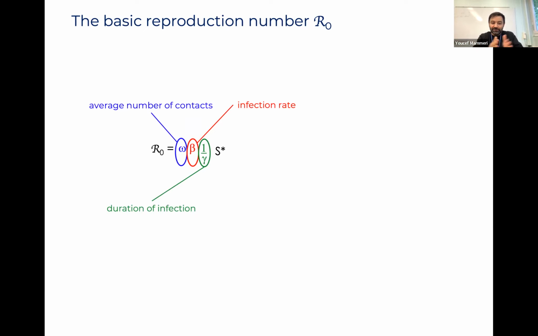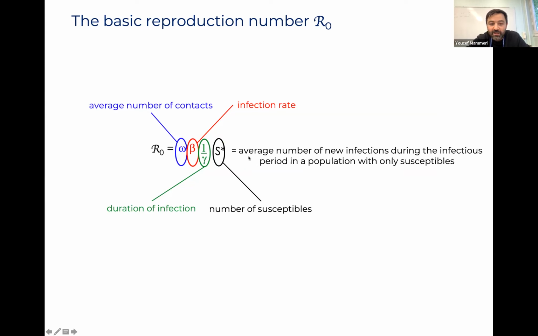The recovery is how many days you need to recover, so this is also how many days the infection takes place. And here you have the number of susceptible. So you have the probability of being infected multiplied by the susceptible during the infection.